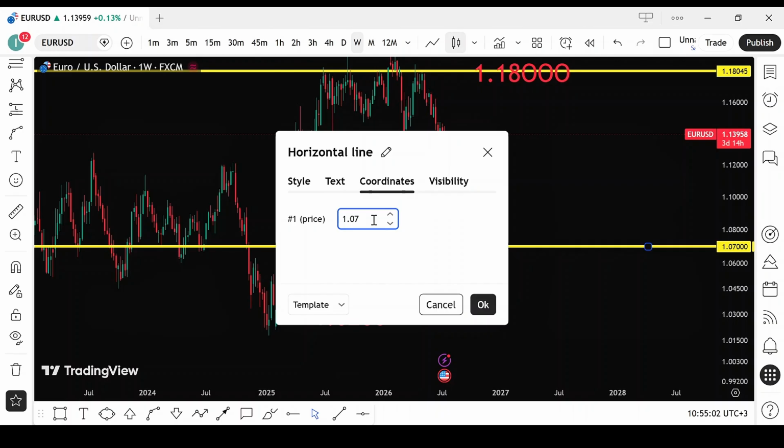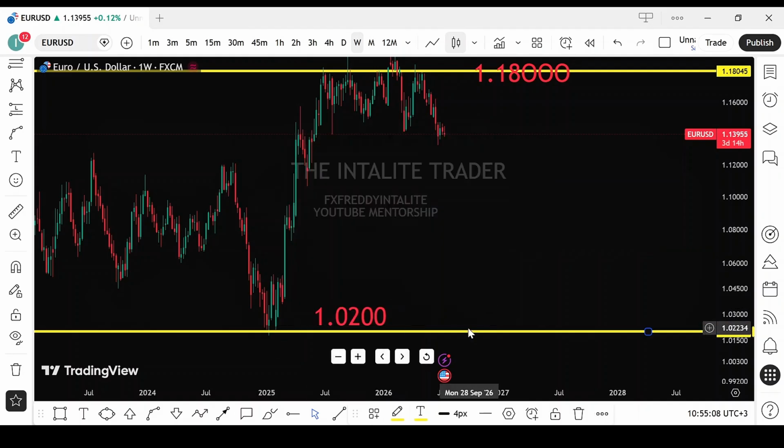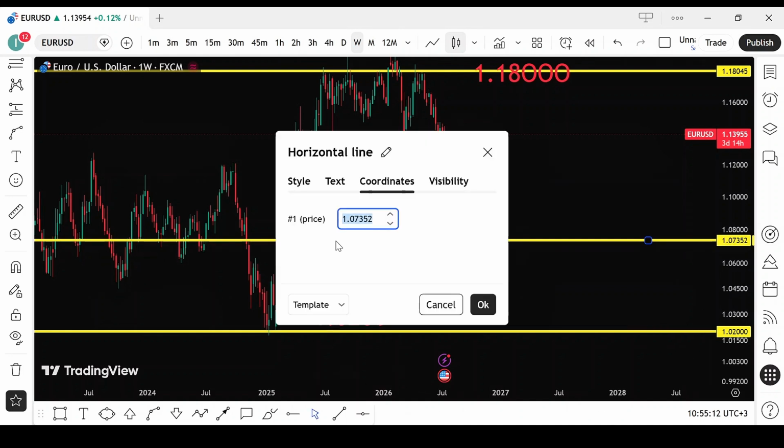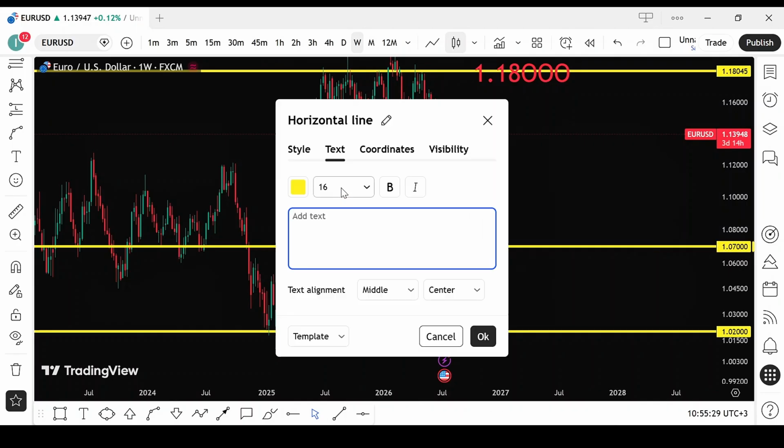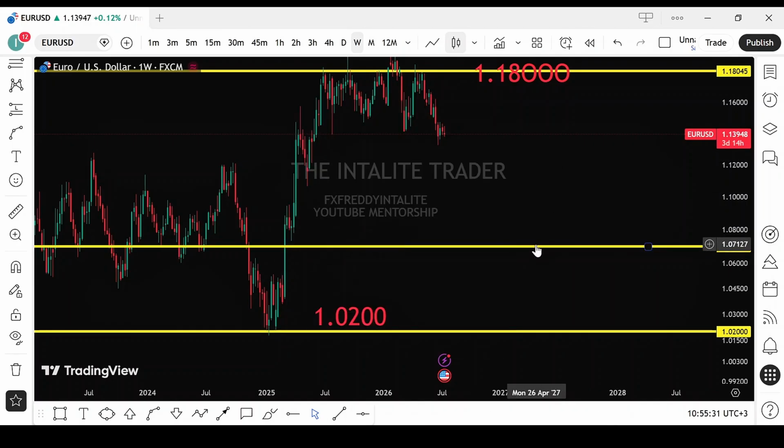Let me put back 0.200. Okay, you mark. You then get another line. You put it here, 0.0700. So here to here, this would be 500 pips. You again mark.